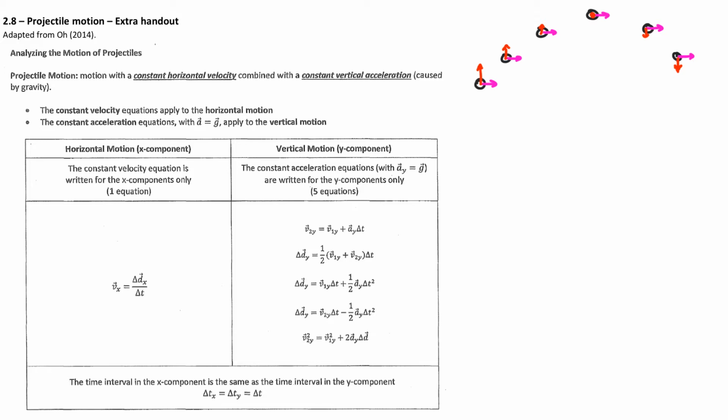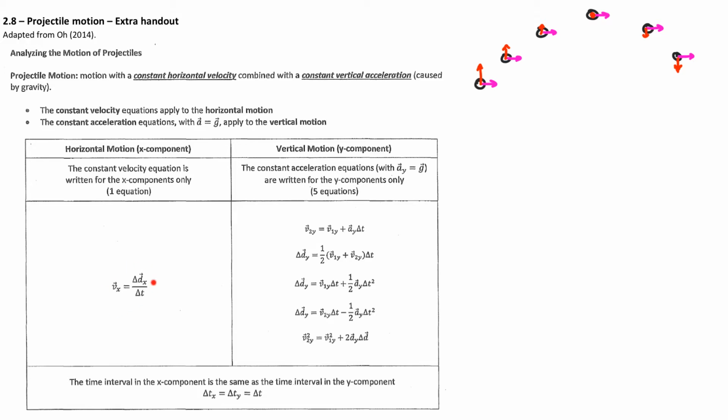So horizontally, because there's no force acting on it, the equation you have to use is just that the velocity in the x direction is always equal to the displacement in that direction divided by time. That's it. There is zero acceleration, assuming, a huge assumption, that there's no air resistance.